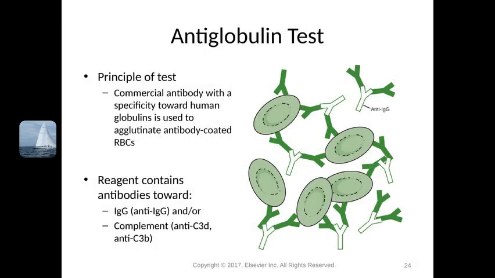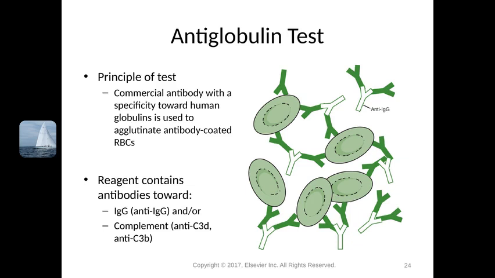So basically, the procedure that we utilize for these is called the antiglobulin test. This is where we have commercial antibody against human globulin, and this will be used to agglutinate antibody-coated red cells.